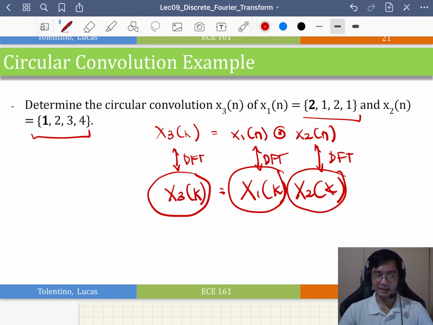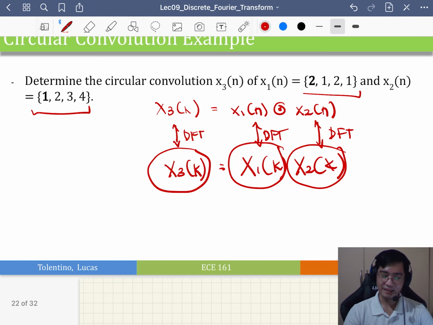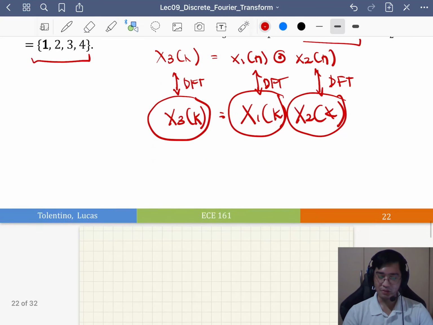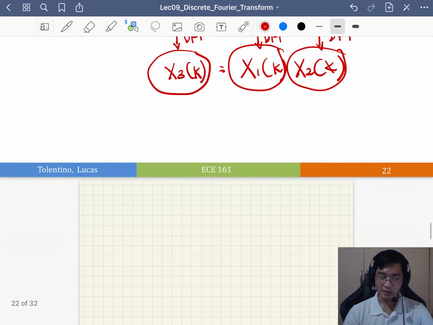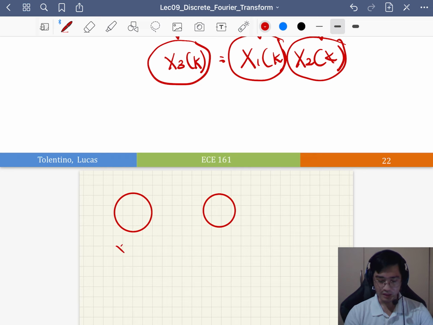So let's try it. How do you do circular convolution? The first step is to draw x1 and x2 on a circle. For example, this one is x1, this one is x2.